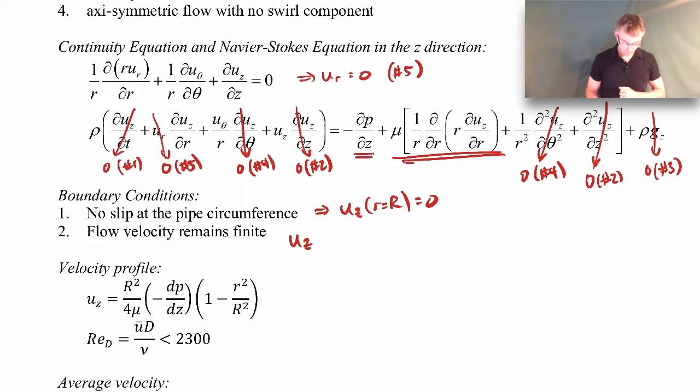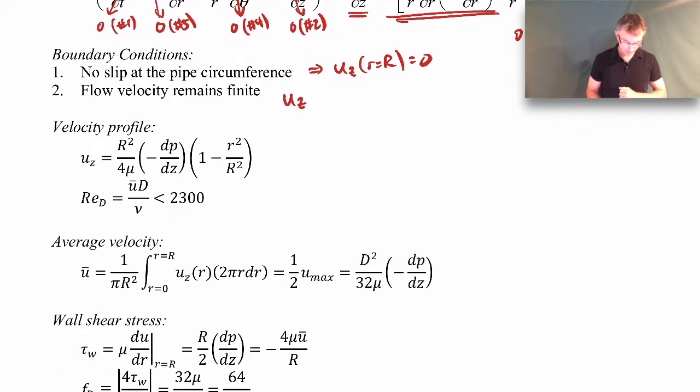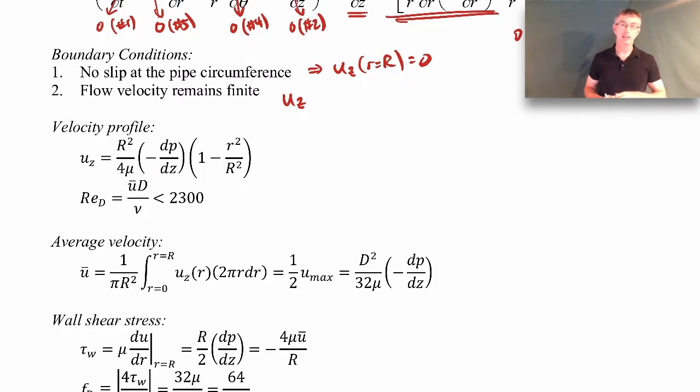Okay. From that velocity profile, we can get the average velocity just by saying that the volumetric flow rate using the average velocity, which would be u bar times pi R squared, is equal to the volumetric flow rate using the real velocity profile, which would just be the integral of this real profile integrated over the area as r goes from 0 to capital R. And when you do that, you'll find that the average velocity is equal to 1/2 the maximum velocity.